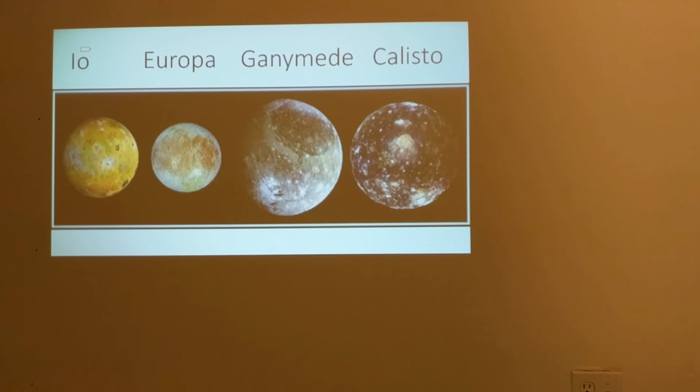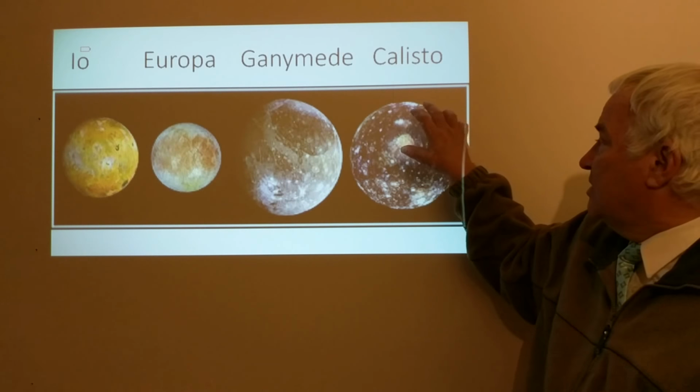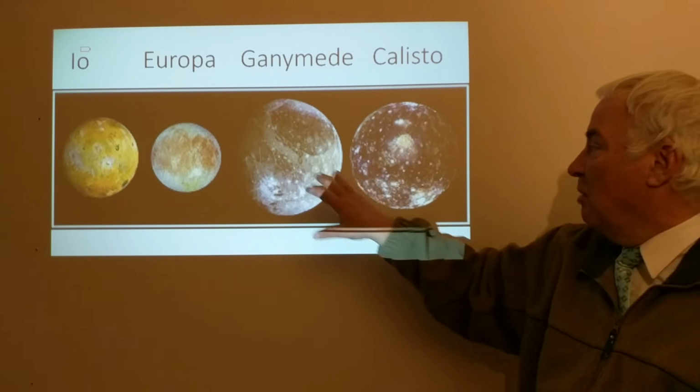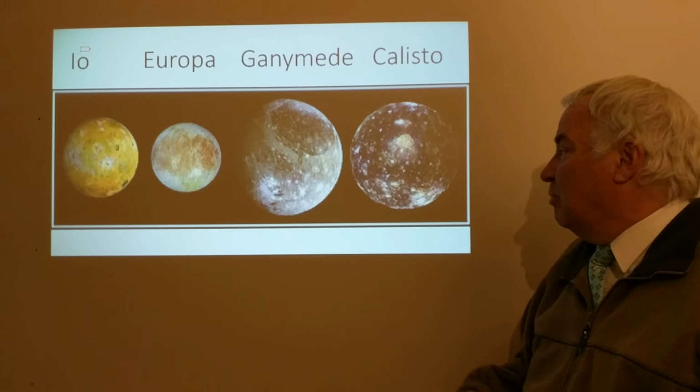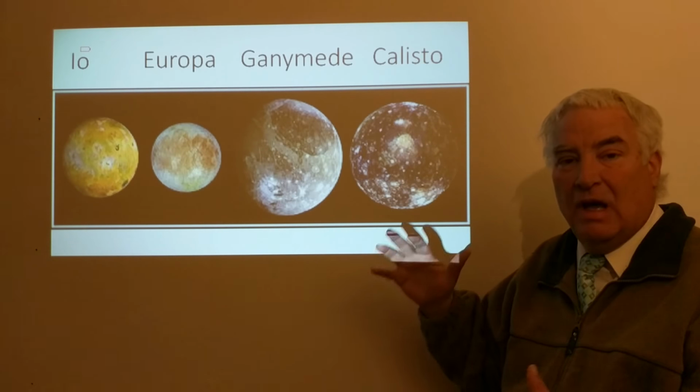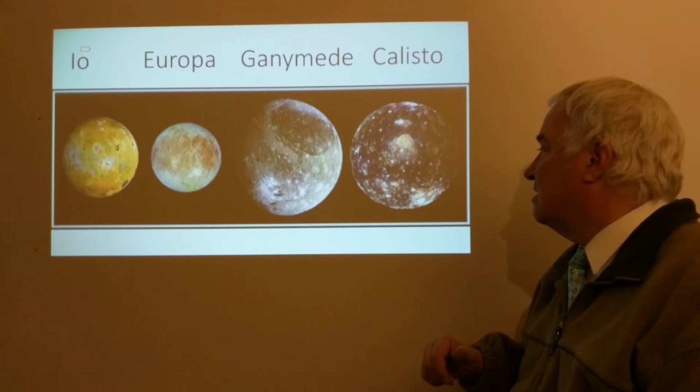Callisto is, like Ganymede, made of a lot of ice, so its density is lower. In fact, as I mentioned, Mercury is just very slightly larger than Callisto and smaller than Ganymede, but Mercury has a huge iron core and rock crust.